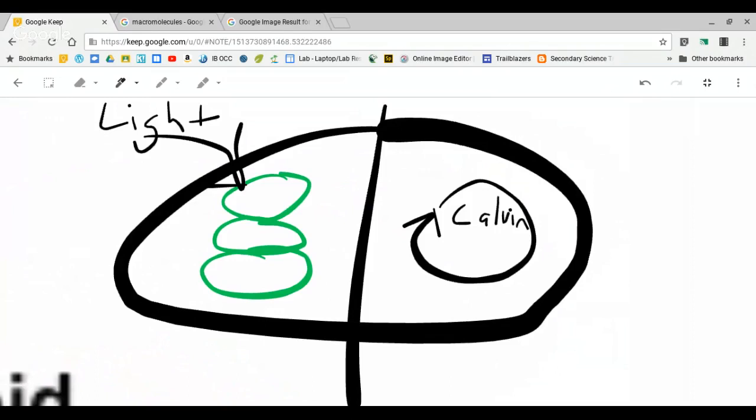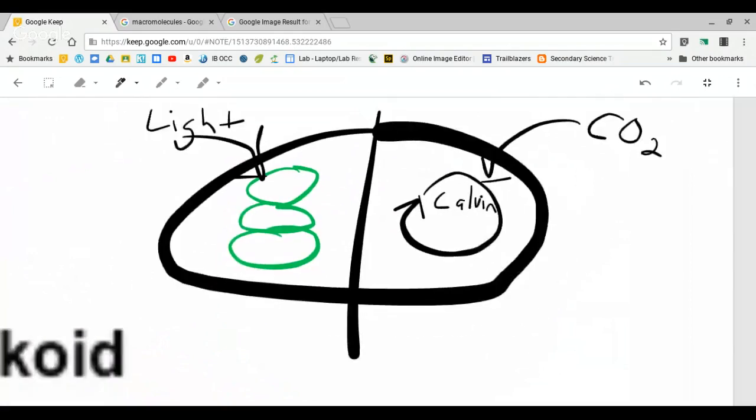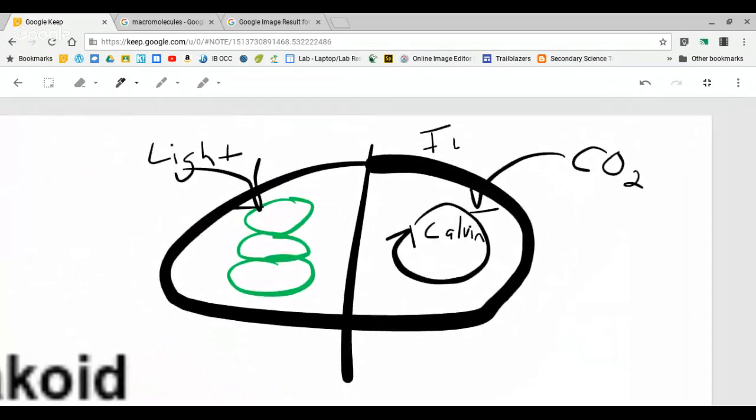And then on the right, you got the Calvin cycle, which needs carbon dioxide. The Calvin cycle, or the light-independent reactions, is the independent side. So be sure to look at this picture. We drew it together earlier this year. Be sure to review this.